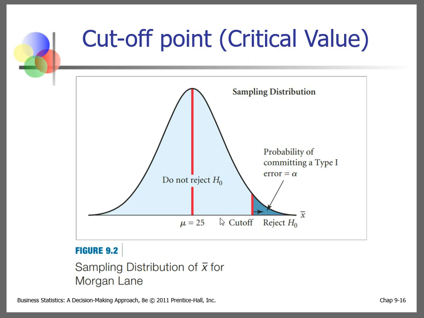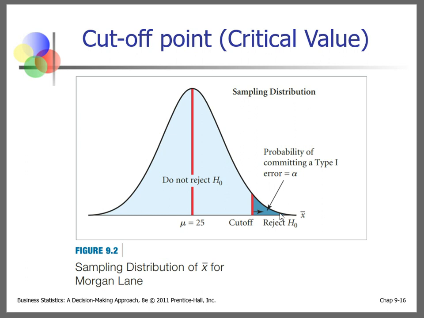The figure also shows the distribution for the sample mean assuming that the population mean is 25. The shaded region on the right is called the rejection region. The area of the rejection region gives the probability of getting a sample mean larger than the cutoff. So, it is also the probability of making a type 1 statistical error.